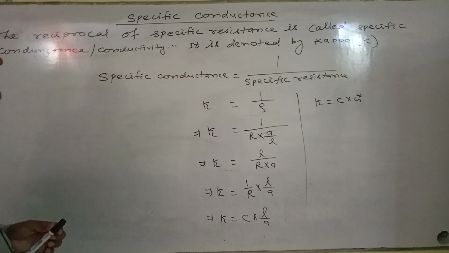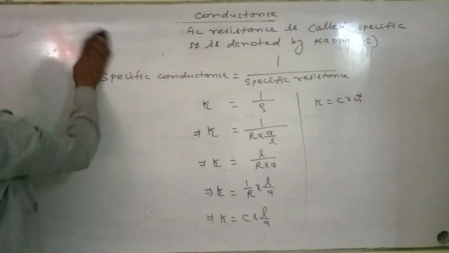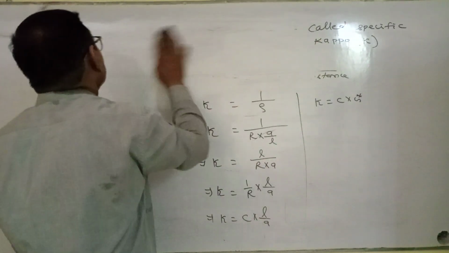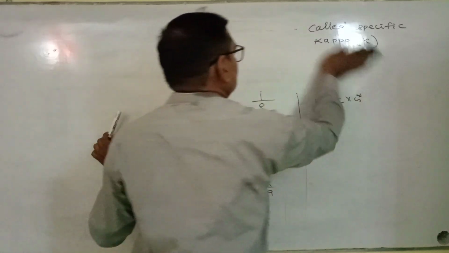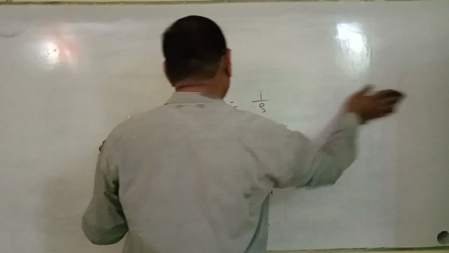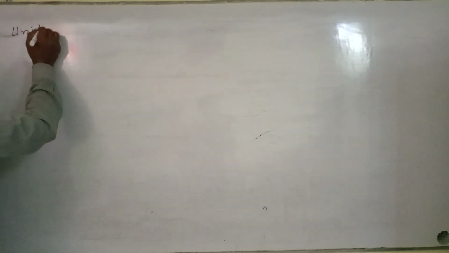Now we write the unit of specific conductance. Here we write units.